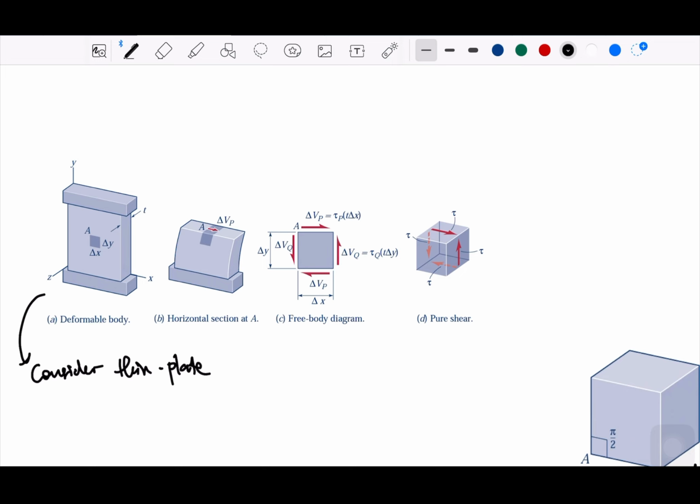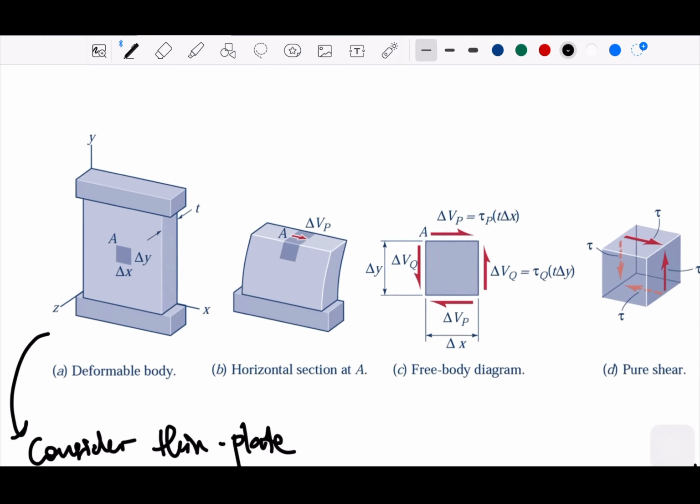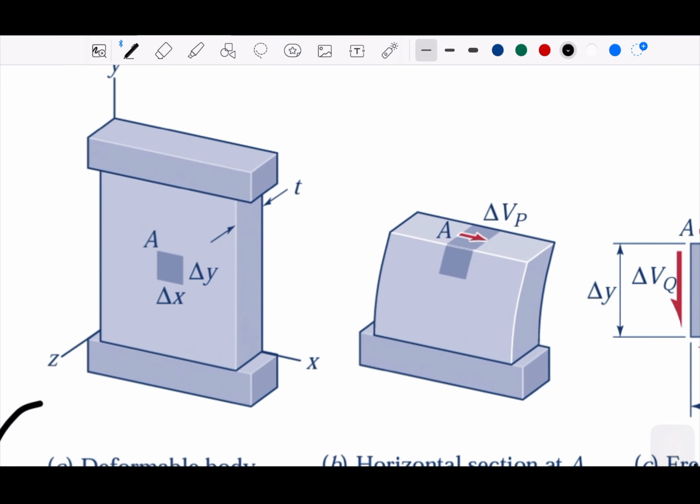And then if we observe this plate in a small area, like here, we say we have a small area A here. We give the notation delta to denote that this is very small.